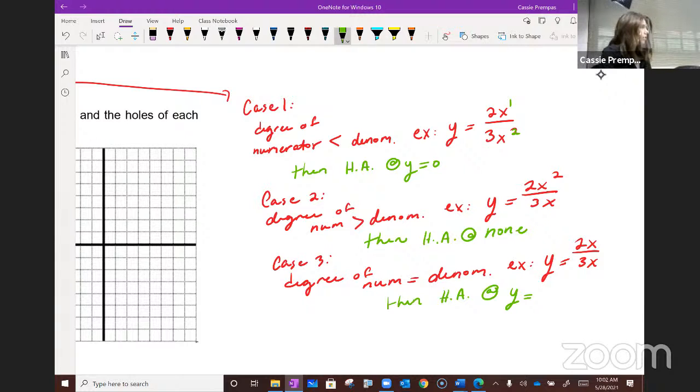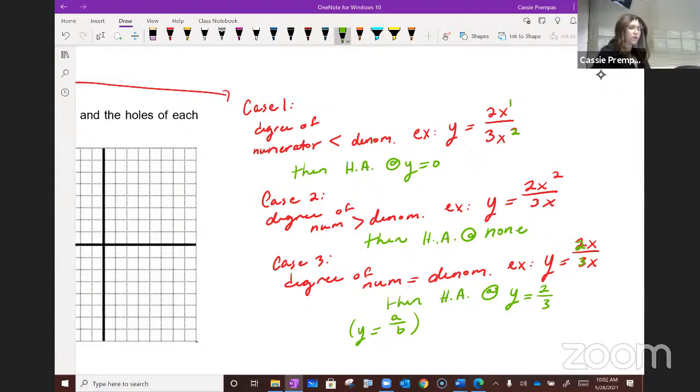How about for this example? We do have to do something with the 2 and the 3. Yeah, you just put it right over each other, 2 over 3. So for any case, it's y equals the ratio of the leading coefficients, a over b. And that would be that third and final case.